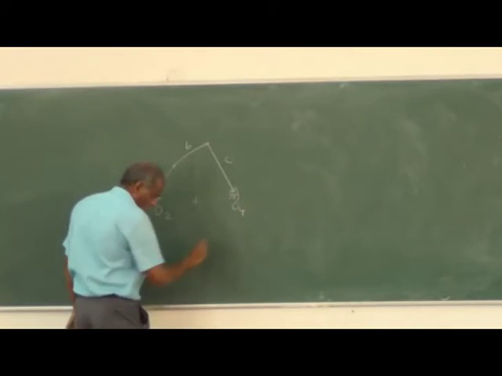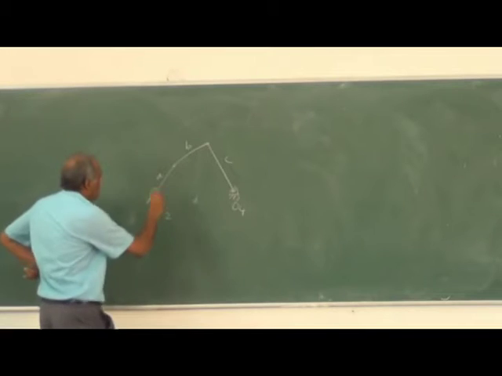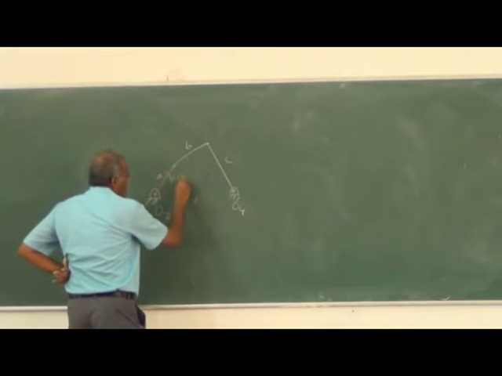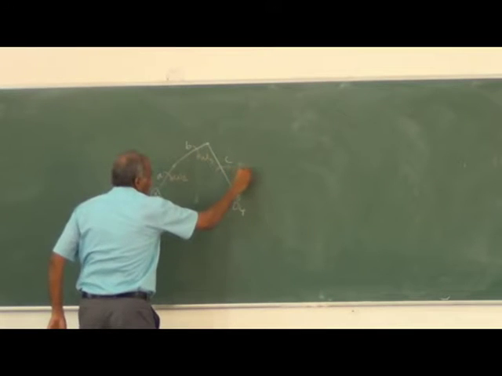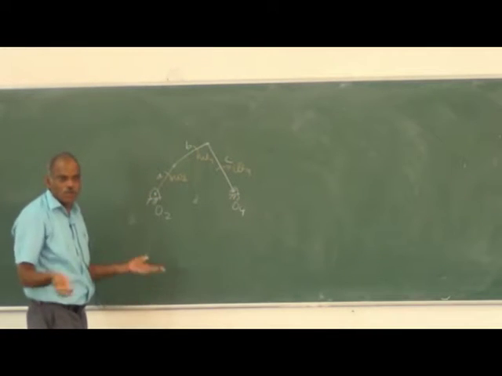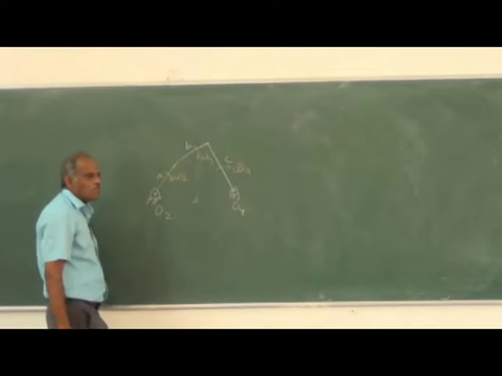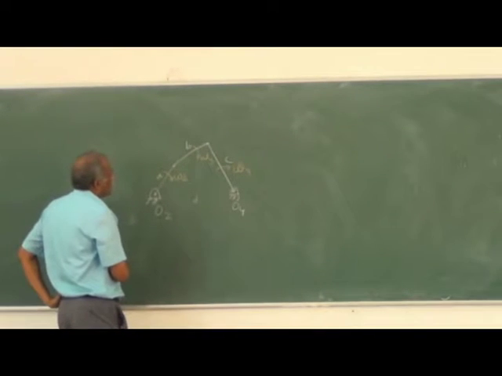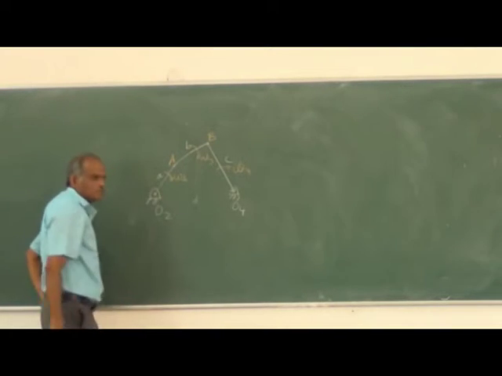This is O2 and this is O4. The omega 2 is given, omega 3 and omega 4 are already found out by doing the velocity analysis. We already found that. Now this is point A and this is point B.